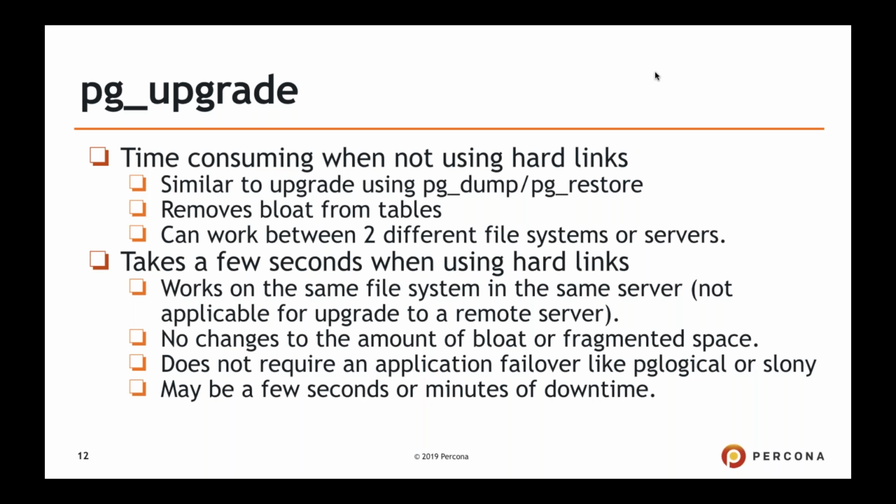And the biggest advantage of this is that you will be starting from scratch with the user data, so it removes the bloat from the tables, and you could have a data directory that is in a different file system than the one of the current server, right?